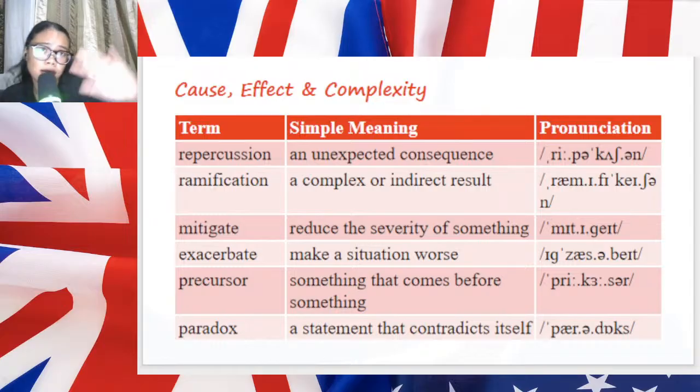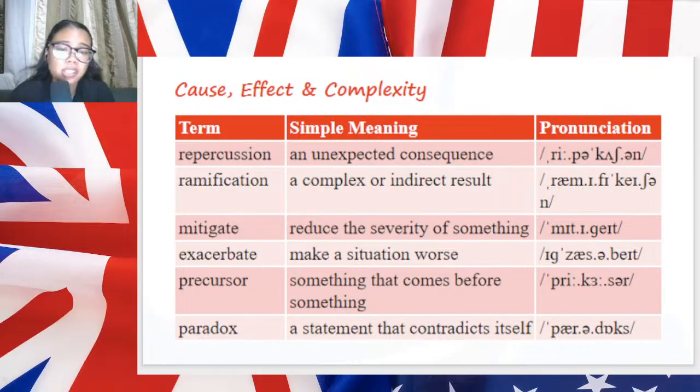Let's use an analogy. Imagine a tree branching out. Ramifications are like those many branches extending from a single trunk, often unforeseen or complicated. They are often the intricate, hidden, or far-reaching effects of an act or decision. All right, so that's ramification.